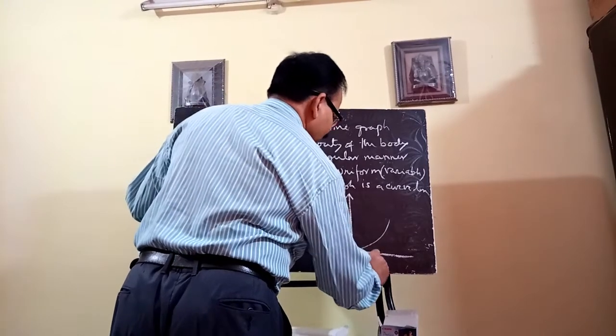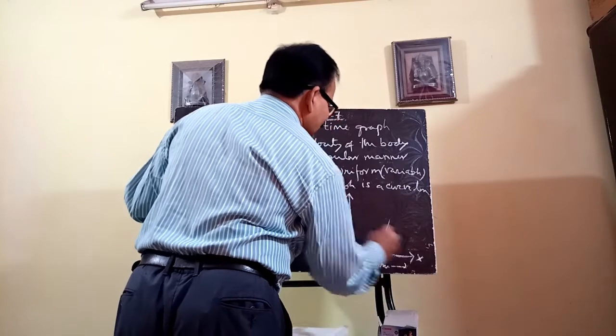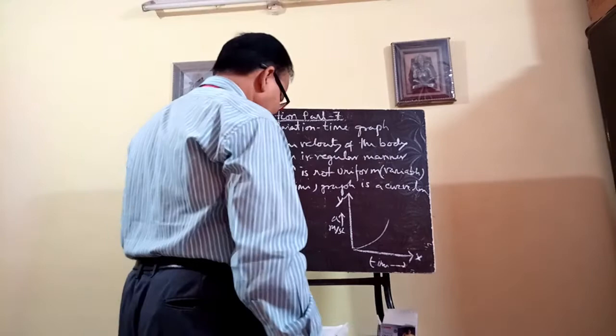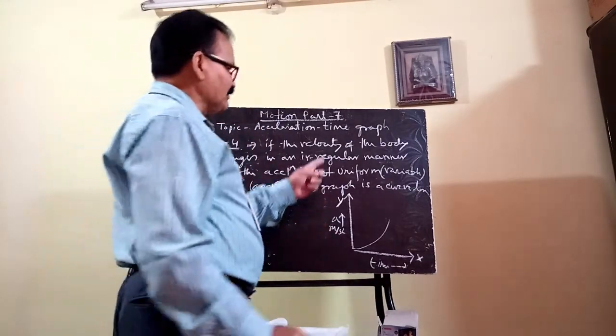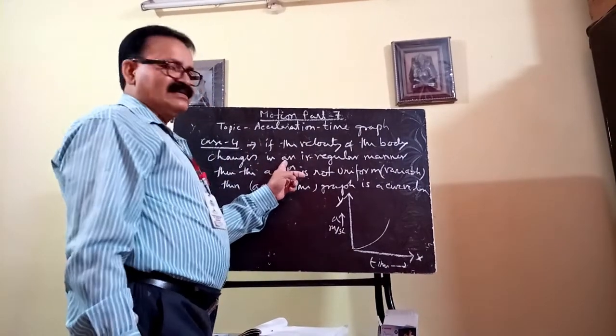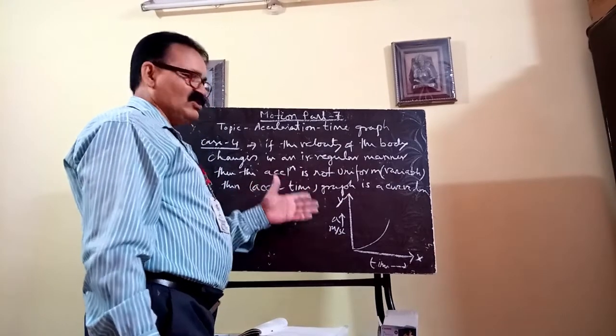Okay. Time along x-axis and acceleration along y-axis. So in this case, the graph of acceleration time, since the velocity of the body changes, either increases or decreases in an irregular manner, then acceleration is not uniform.